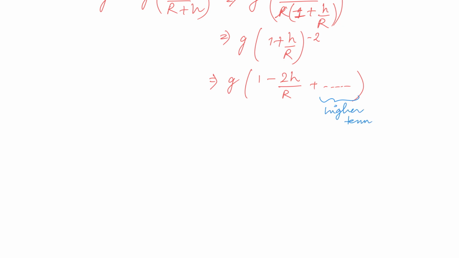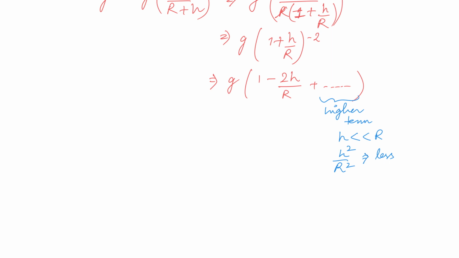And why will these higher terms not be included? Because h is very much smaller than R, so the ratio h upon R is small, and the next term will be h square upon R square, which will be very much less, and the further term will be a cubic term.